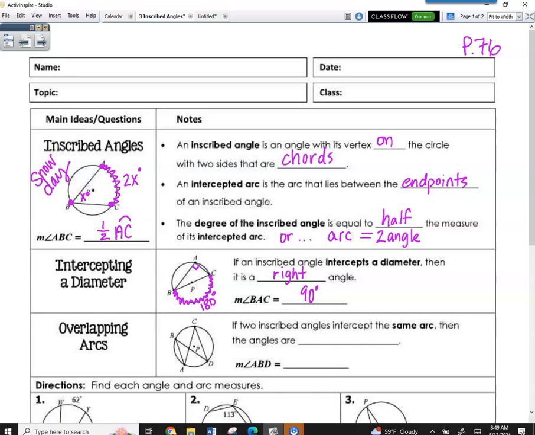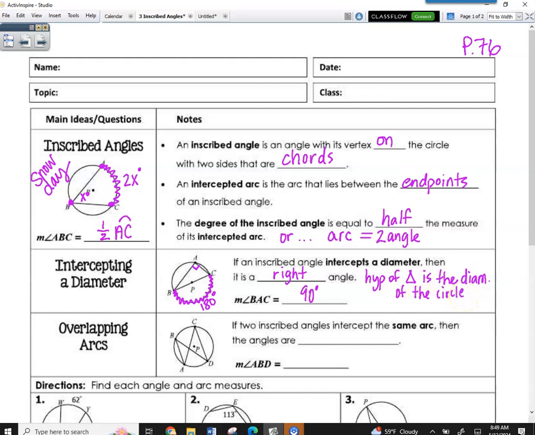Now, certain conditions have to be met. First of all, it has to be an inscribed angle, meaning all 3 letters of the angle are on the edge of the circle. Second of all, the hypotenuse of the triangle has to be the diameter of the circle. So maybe make that note. The hypotenuse of the triangle is, I'm abbreviating, the diameter of the circle.